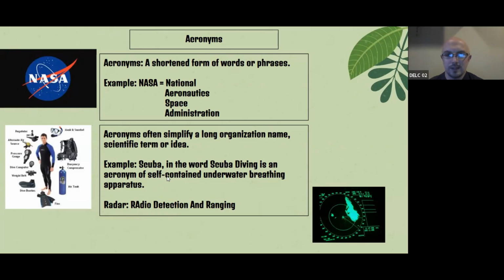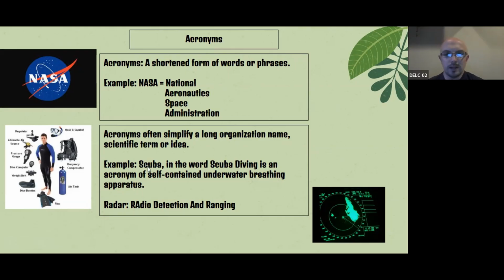So this is SCUBA, or scuba. The self-contained means the tank here, and underwater means that this can work underwater, and it's a breathing apparatus, and apparatus can mean machine. So it's a self-contained underwater breathing machine.